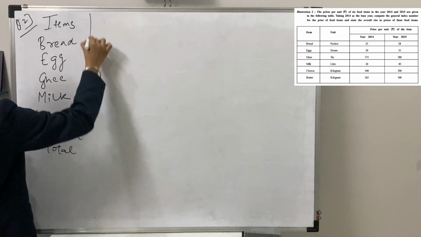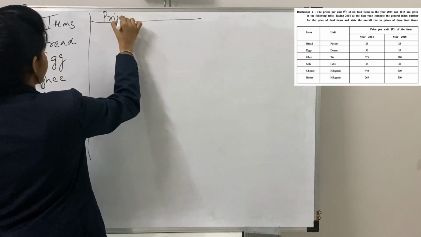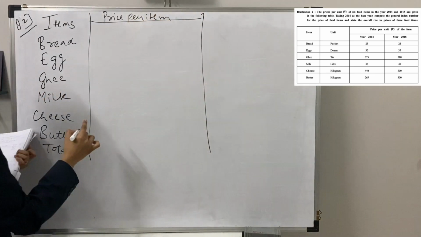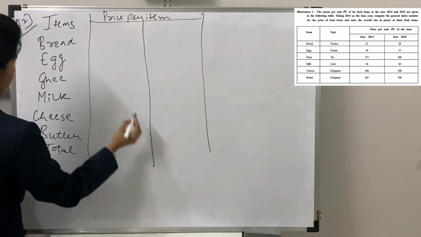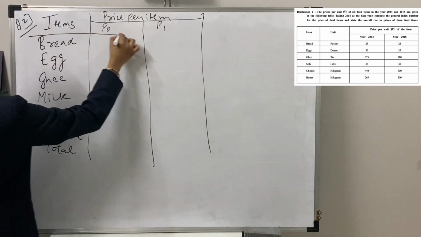The price per item is given, where we are given the base price as well as the current year price. We'll call base price as P0 and current year price as P1.